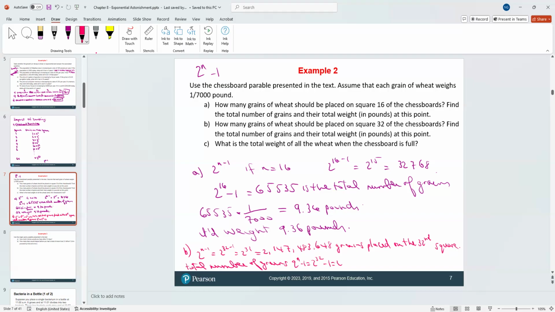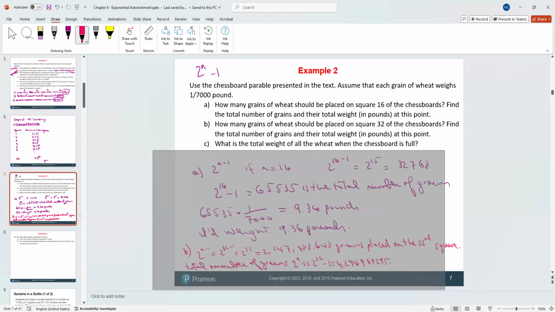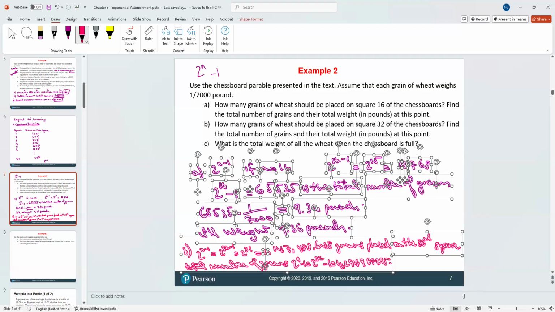That's 4 billion, 294 million, 967,295. And what would be the weight? Let's try it.